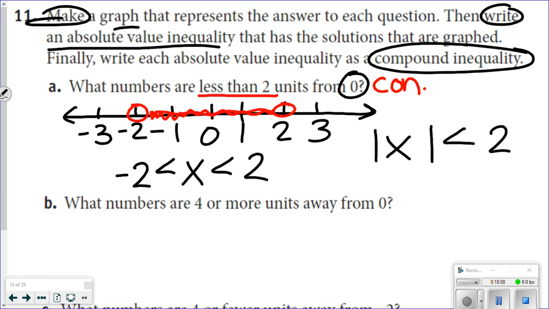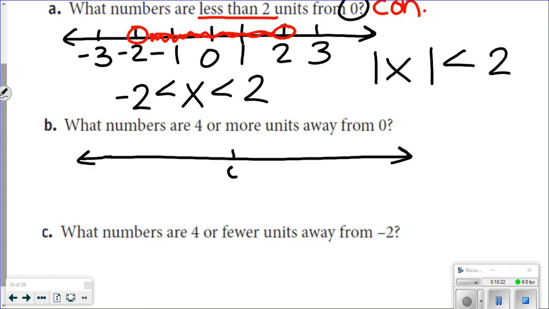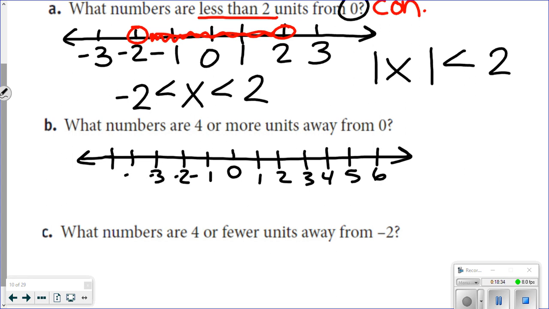So why don't you just try B and C, pause the video. You can at least draw the number line and graph. Put 0 in the middle. That's our starting number.